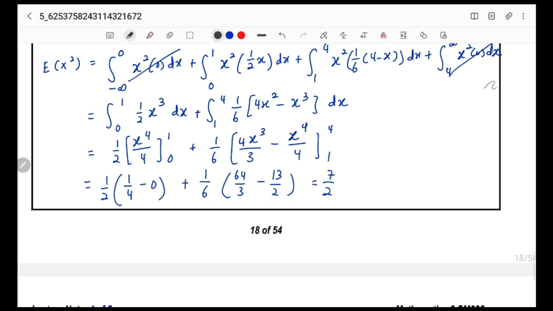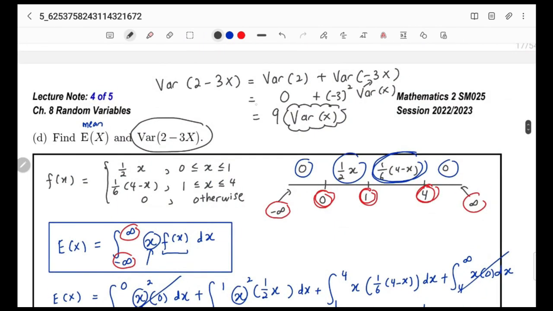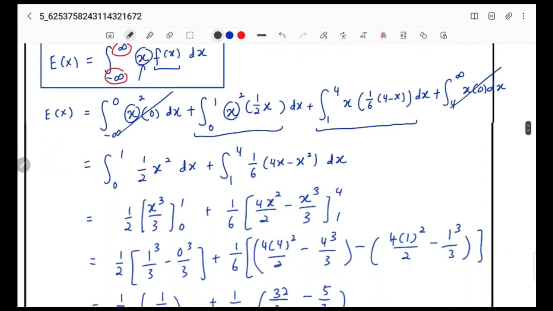But bear in mind that we need to find the variance of 2 minus 3x, which is equal to 9 multiplied with variance x.